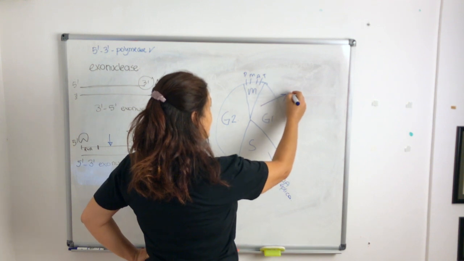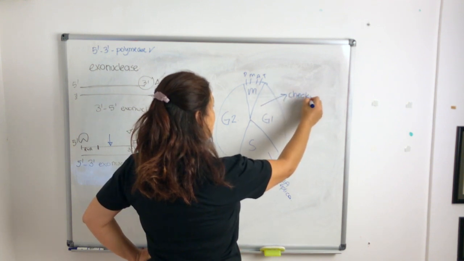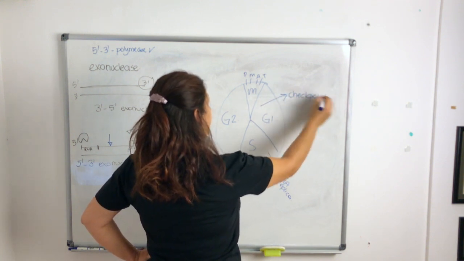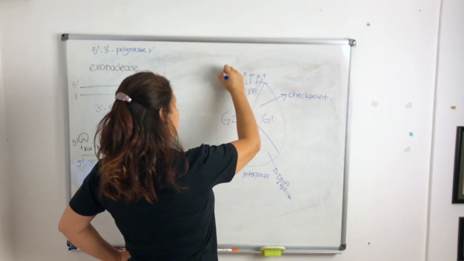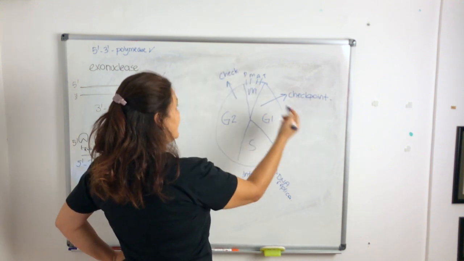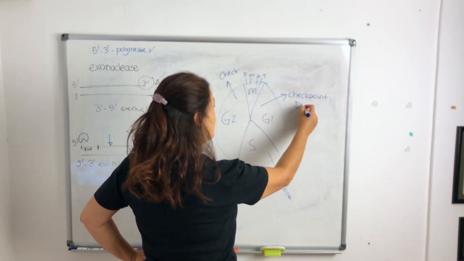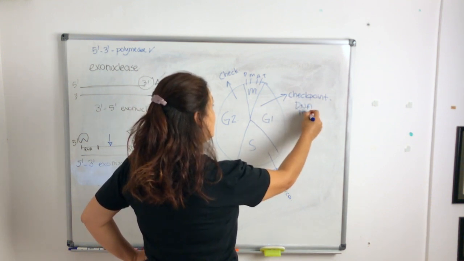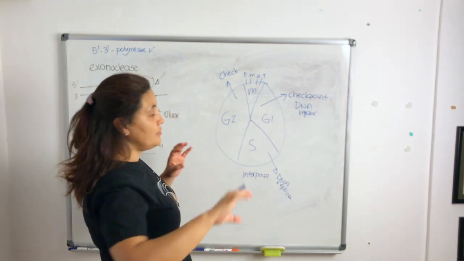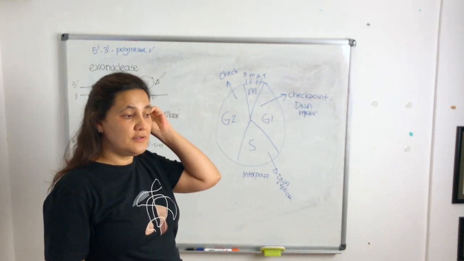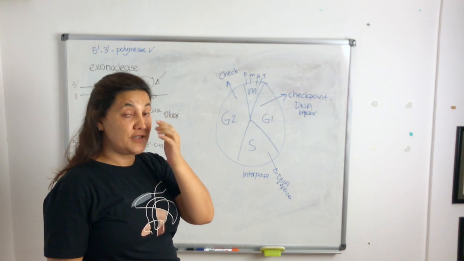Here there is a checkpoint, and here there is another checkpoint. In these checkpoints, DNA repair systems scan the whole chromosomes and look if there is a mutation or not.